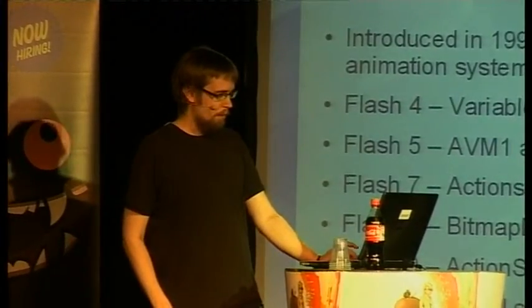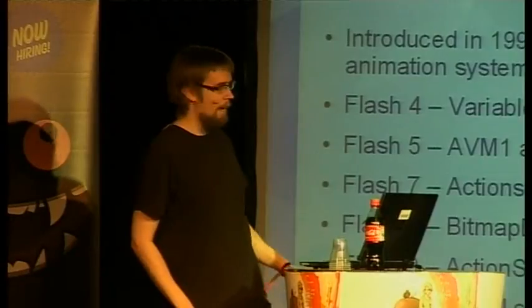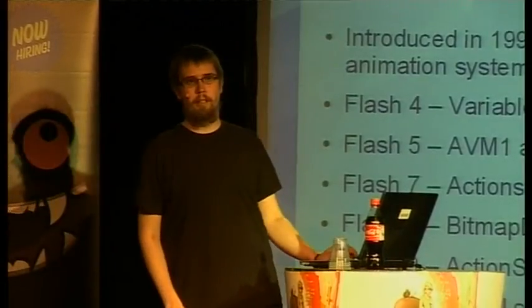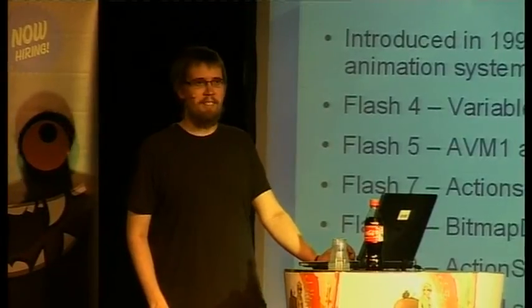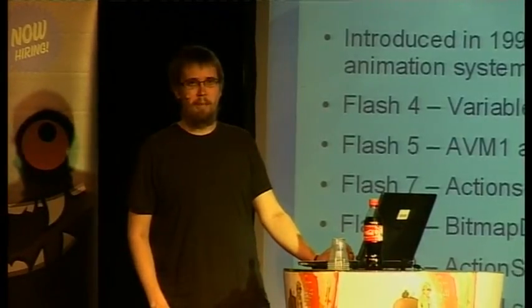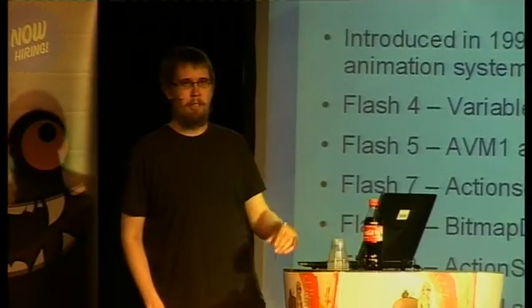And then fast forwarding to Flash 8, which was the next cornerstone, we finally got a way to put pixels on the screen. Before that, it was all vector graphics. You could have images, but you couldn't manipulate them.